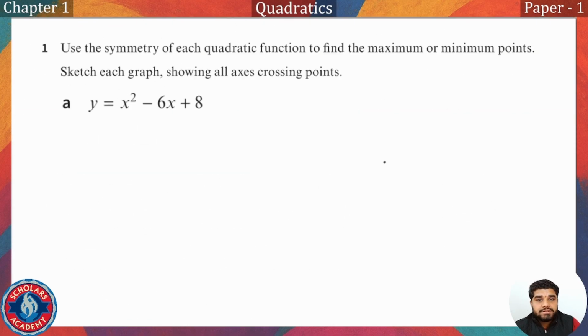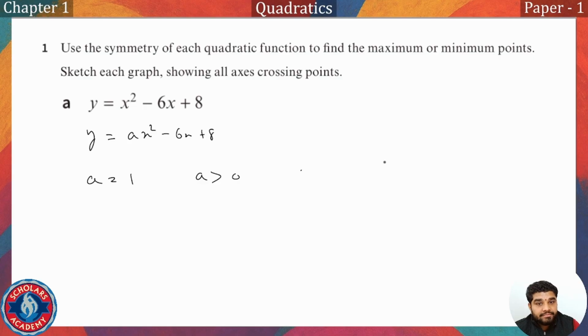So the first question says, use the symmetry of each quadratic function to find the maximum or minimum value points. All right. So first of all, we need to compare this quadratic equation with the general equation ax square plus bx plus c, here x square minus 6x plus 8. If I compare it, I get a is equal to 1. So a is greater than 0. It means I will get a point of minimum value.